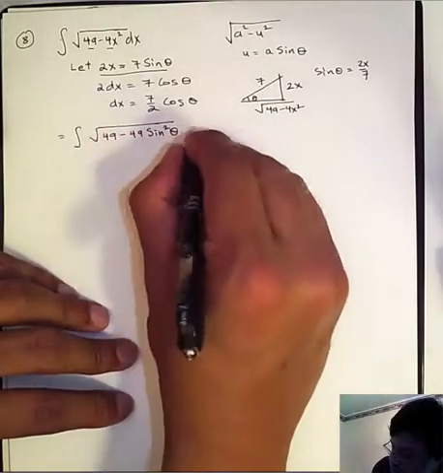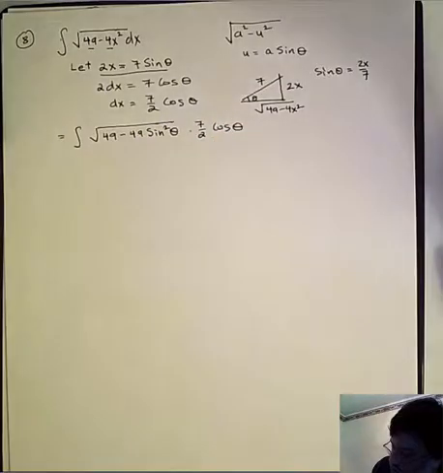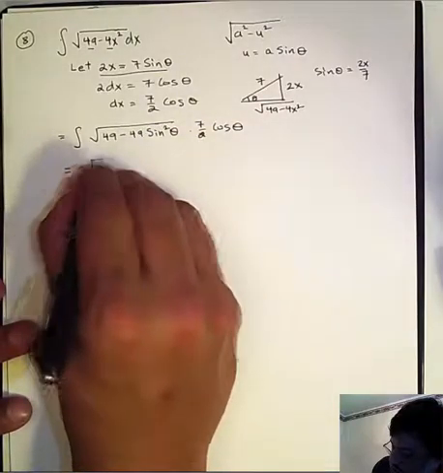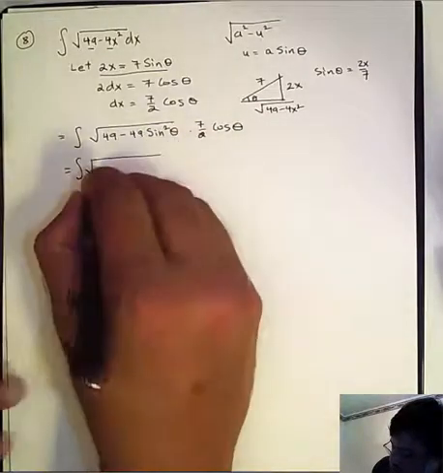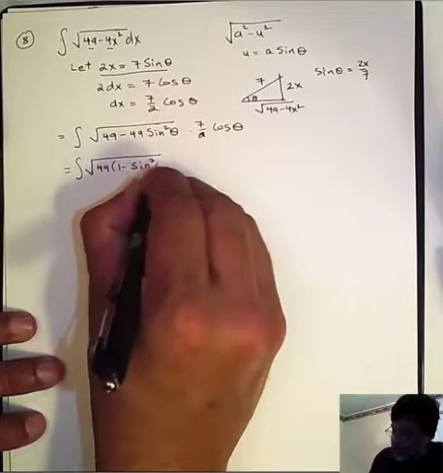And we know dx is going to be 7 halves cosine theta. So if I factor out 49, I can write 1 minus sine squared theta.